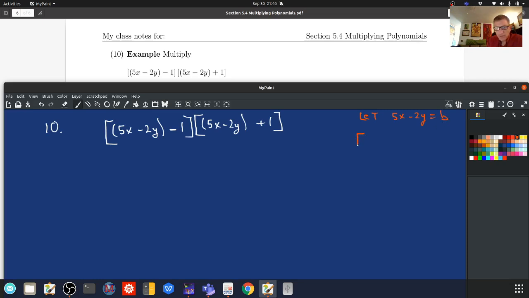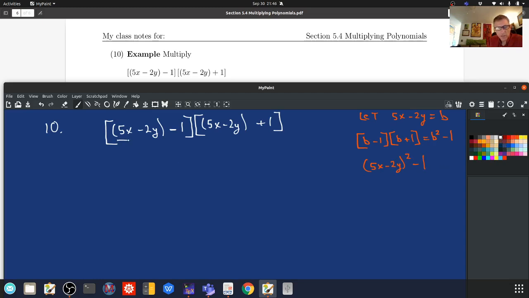And then you could literally write this as b minus 1 times b plus 1, and immediately say that's the same thing as b squared minus 1. But of course you're going to have to replace b with 5x minus 2y squared minus 1. And that's exactly what we're going to do.